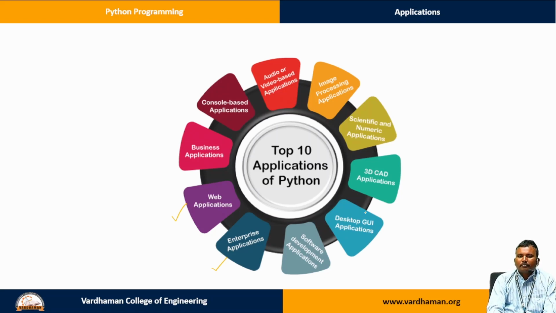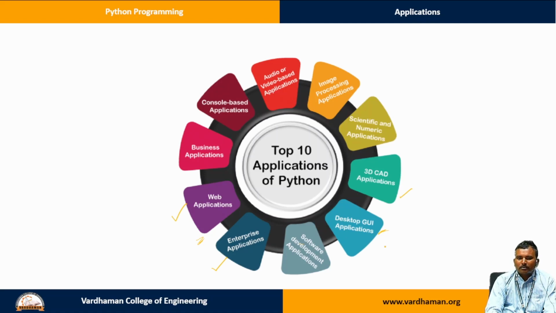That means a web application runs on the server, but a desktop application runs on our local machine, in our computer. For example, any word processing application or calculator type of application, simple applications you can develop. Then 3D CAD applications, we can develop 3D CAD applications which are used for developing structures, building structures or any machinery structures.